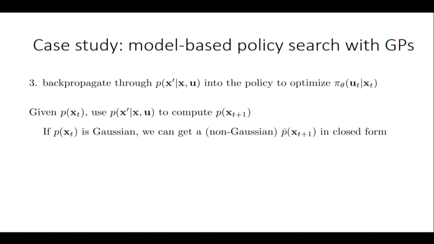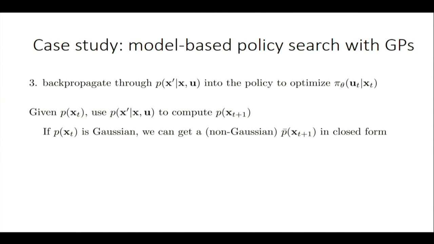So if p of x is Gaussian, it turns out that you can get the distribution over the next state in closed form using your Gaussian process. Because the Gaussian process, the particular non-parametric structure, is basically, at a very high level, you can think of it as giving you a different Gaussian for every single data point. So if you're starting with a Gaussian, you're going to get some non-Gaussian but analytic distribution over the next state.